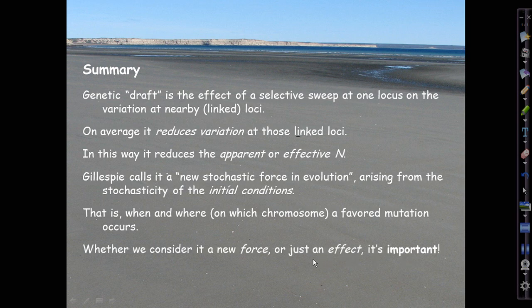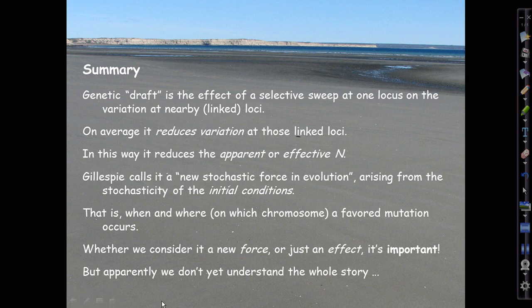I myself don't think it's really a new force. I think Alan agrees with me in this. It's more of an effect, as I implied at the outset, but whether you think it is an effect or a fundamental force or process, it's certainly important.